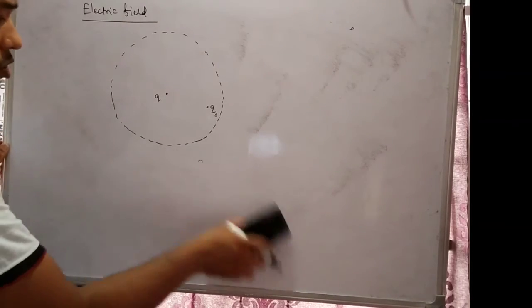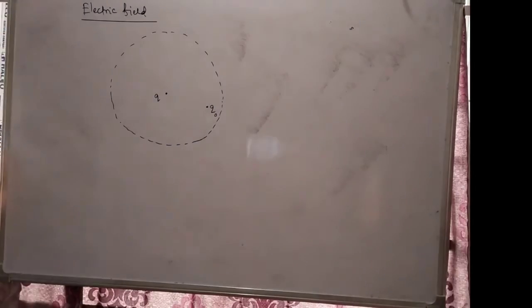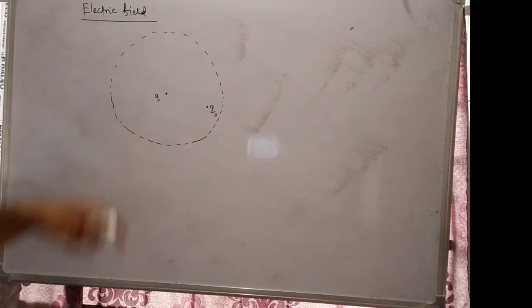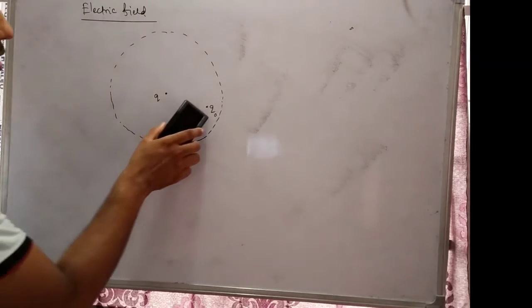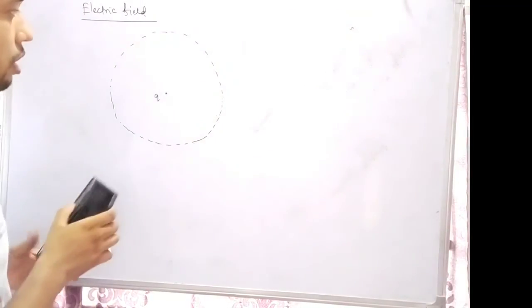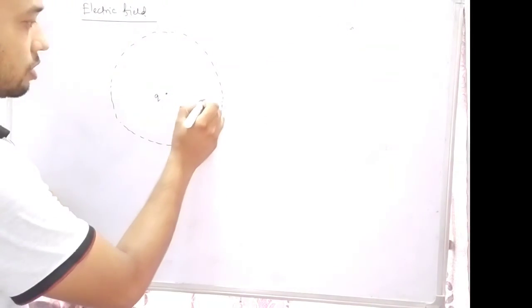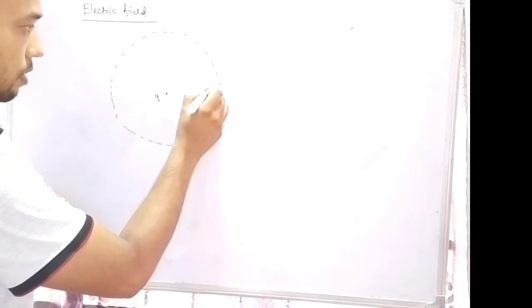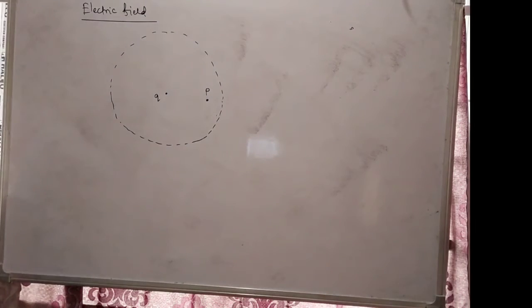So the definition of electric field is like this: it is the region around a charged particle up to which the charged particle can apply force on another charged particle, and this region is generally spherical in shape. Suppose in this electric field we consider a point P, and at that point P we need to find the electric potential.